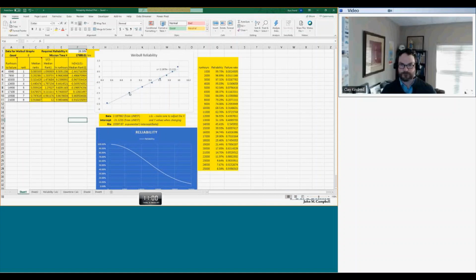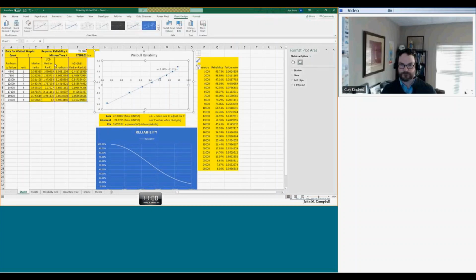So if I plot this data, there it is. So there's the data I'm using to plot this graph.